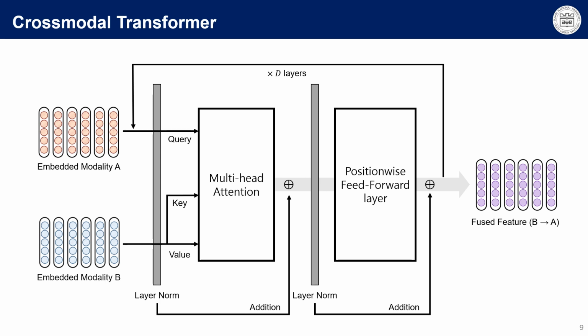Then query, key, and value are calculated using scaled dot products in parallel, and take a skip connection by adding data in the layer norm. And by passing through the position-wise feed-forward layer, the attention of the data is aligned and derived. This process repeats n times. After that, we could get fused features from B to A.